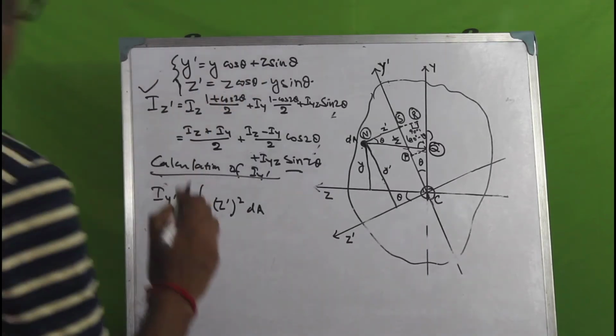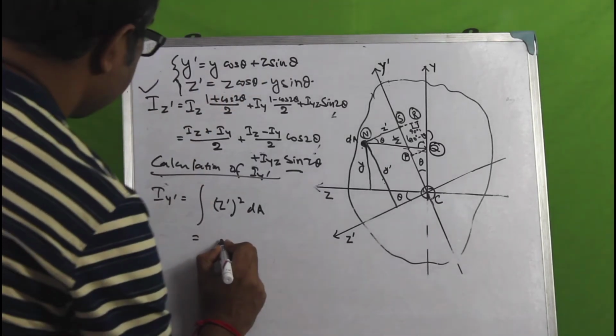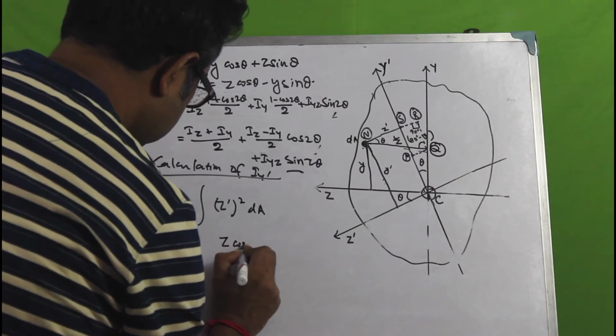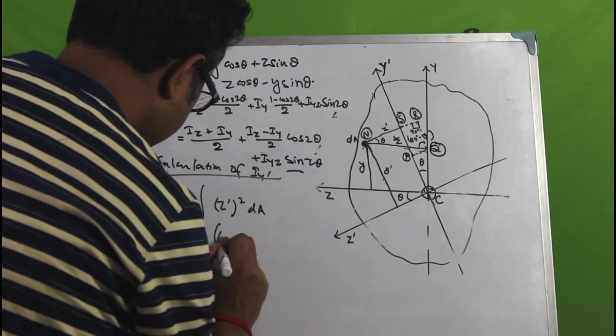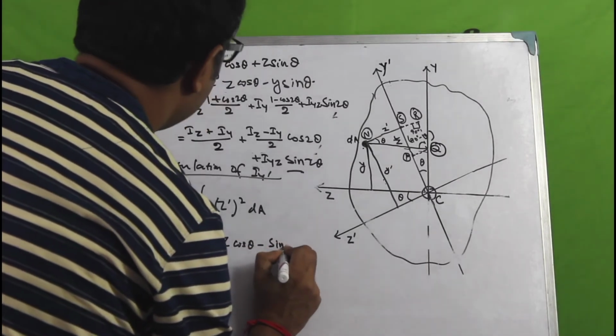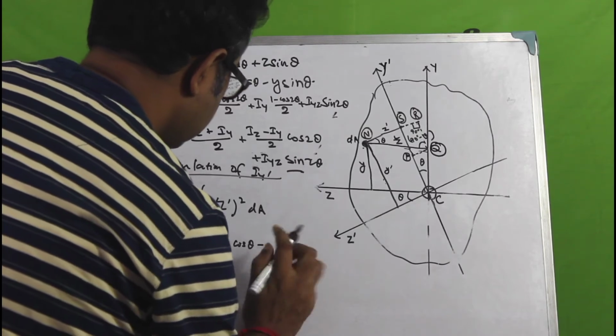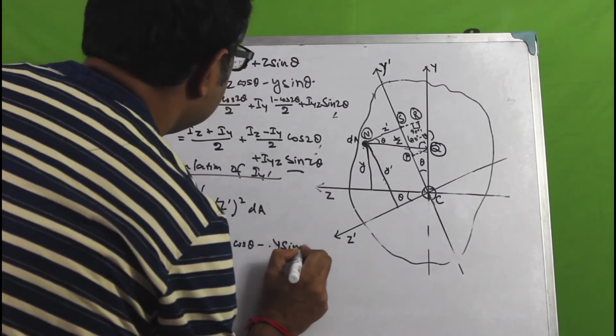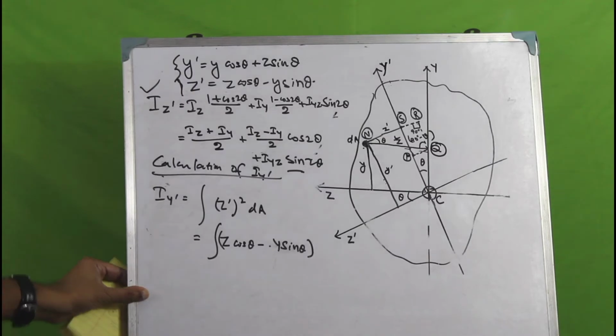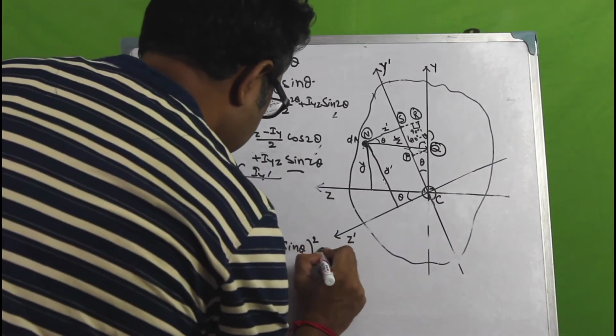For z dash we again have the integration of (z cos theta minus y sin theta) whole square dA.